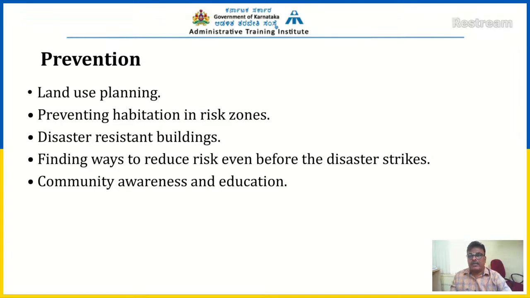Okay. Disaster resistant buildings. In India, when I was working in Delhi, GB Pant Hospital, Delhi Police Headquarters, and Delhi University buildings, some of these lifeline buildings were taken up for repair and retrofitting. Why?